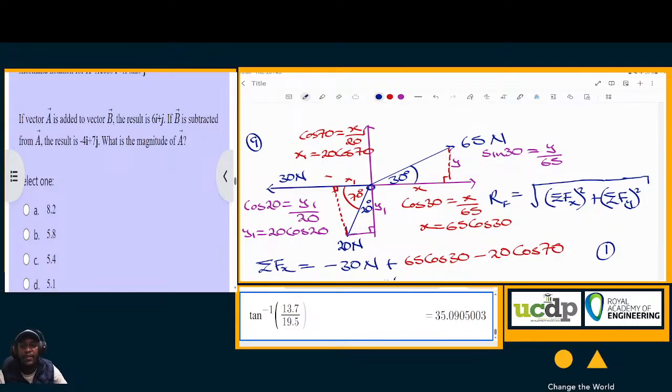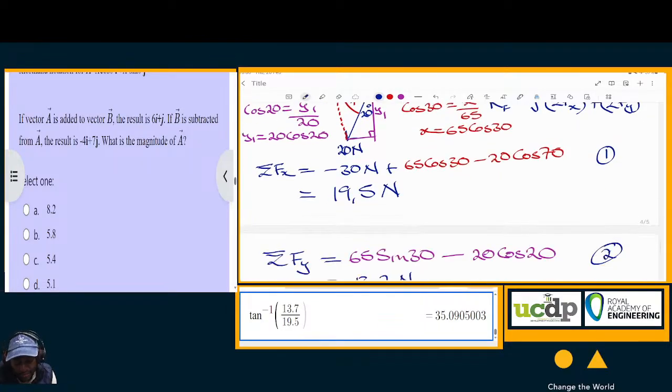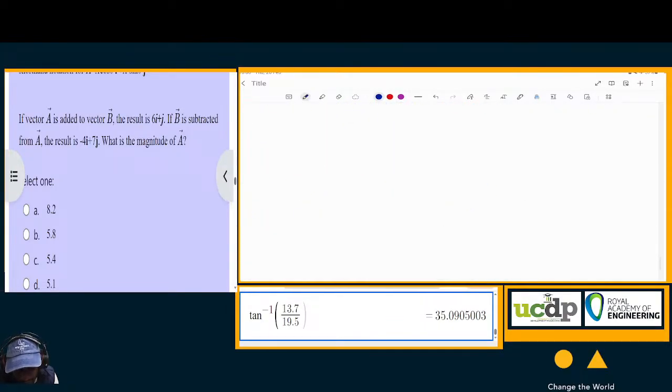It says if a vector A is added to vector B, the resultant is that. If B is subtracted from A, the result is that. What is the magnitude of A?